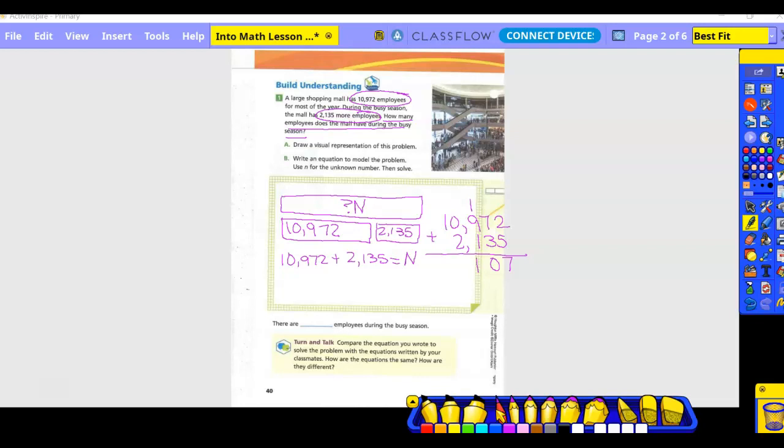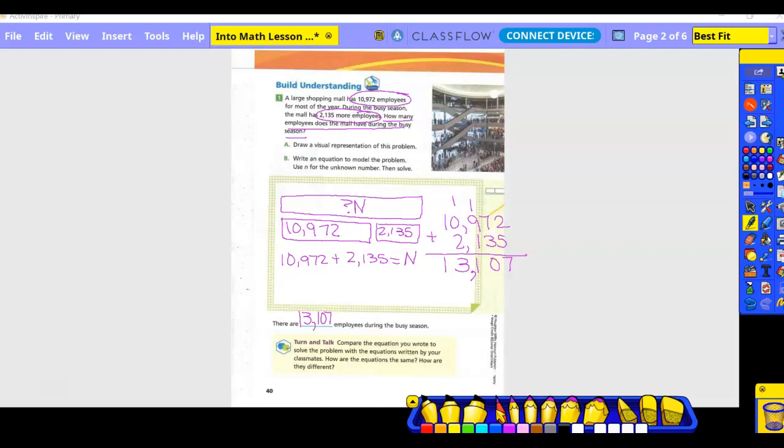Carry the 1. 1 plus 2 is 3, and then bring down the 1. So 13,107. There are 13,107 employees during the busy season.